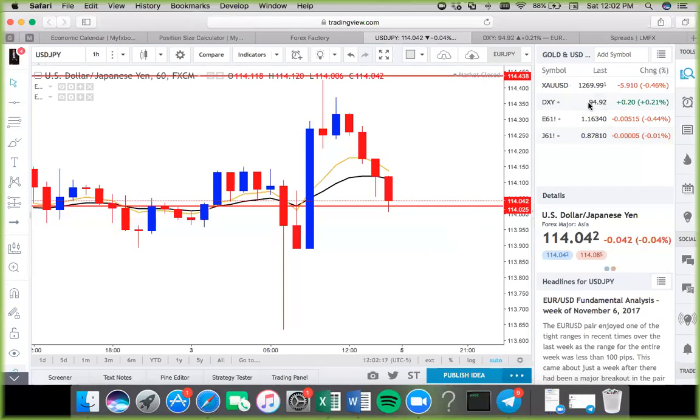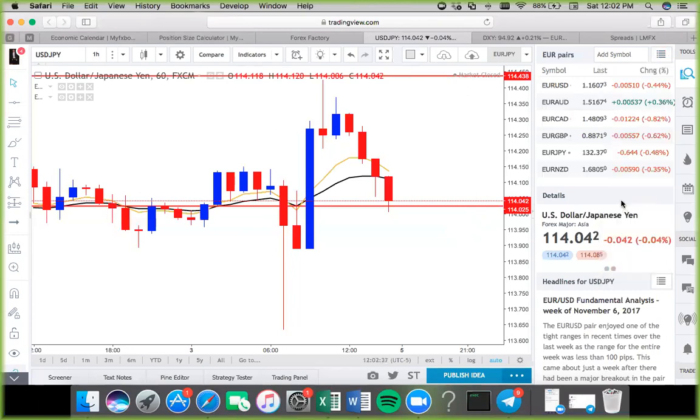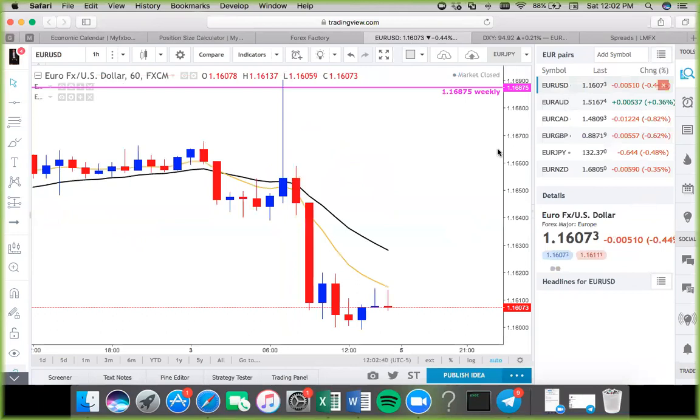If the US dollar gets stronger, any prefix pairs, which are US dollar dominated, are going to shoot up. Any US dollar pairs with USD as the suffix, like EUR USD, are going to shoot down. If I look at this one, it probably shot down like that.